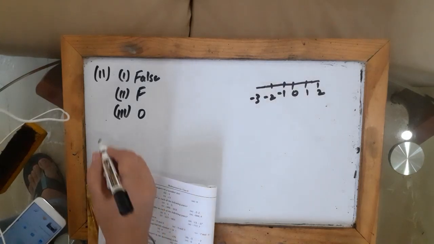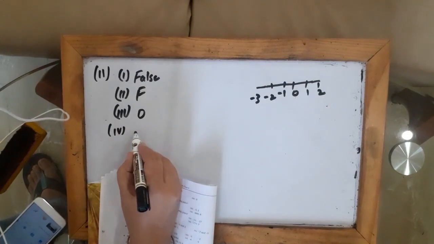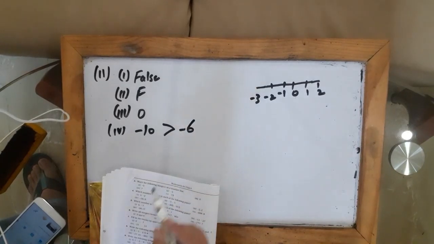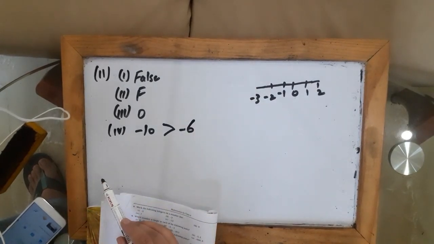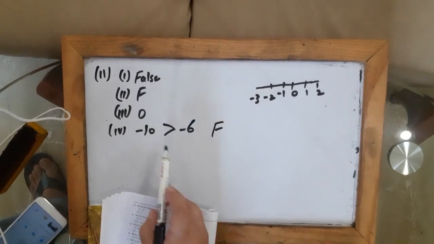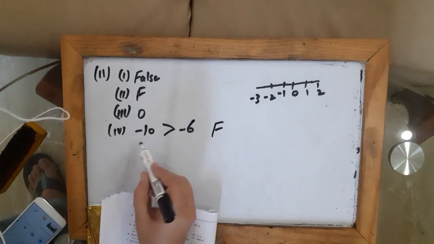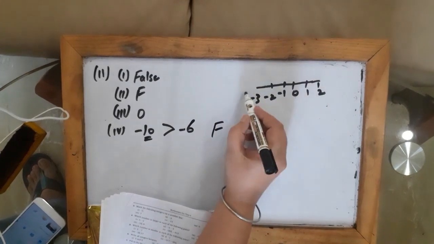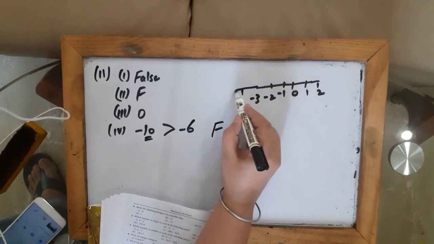And minus 10 is greater. They are saying minus 10 is greater than minus 6. So is this statement true or false? This is false. Why? Because as a negative integer increases, their value decreases. So minus 10 lies to the left of minus 6.